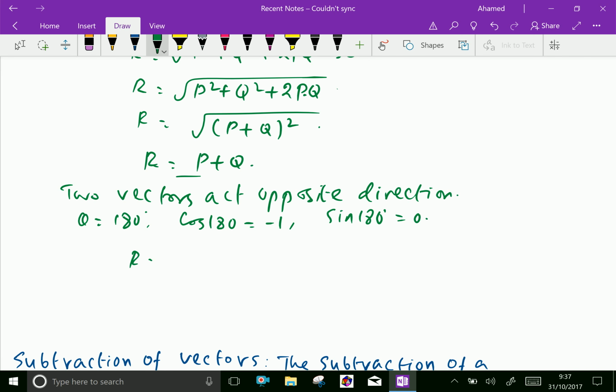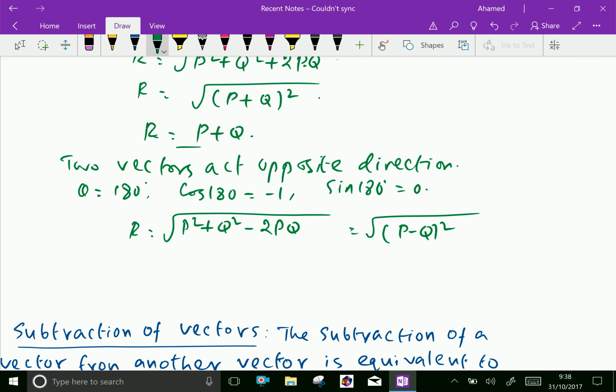Then R equals square root of P square plus Q square minus 2PQ, because cos 180 is minus 1, which is further equal to square root of P minus Q whole square, which is P minus Q. This means the resultant vector has a magnitude equal to the difference in magnitude of the two vectors.